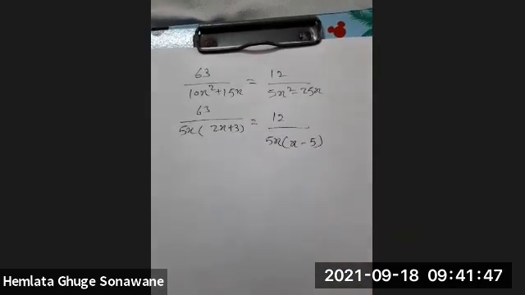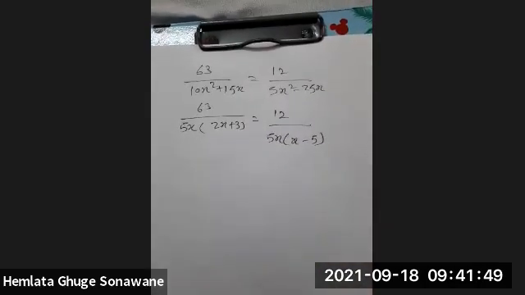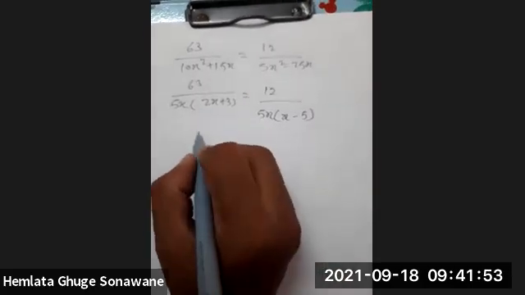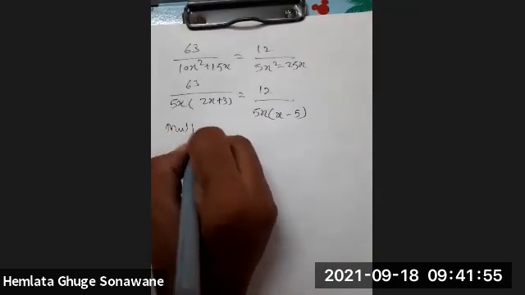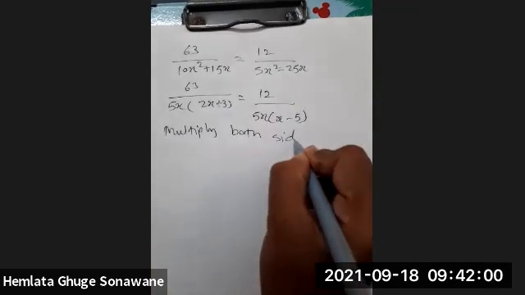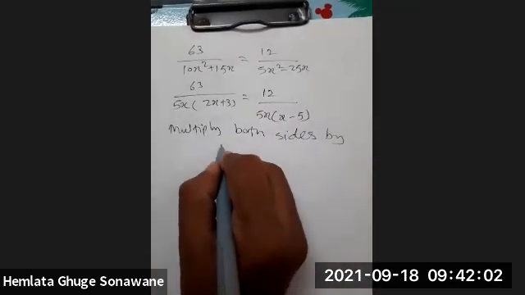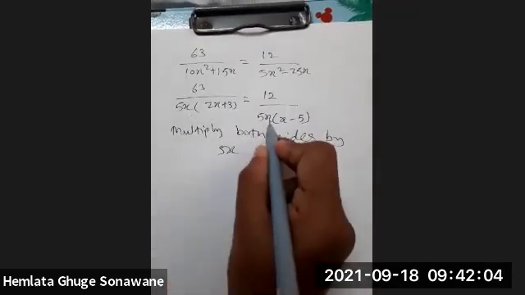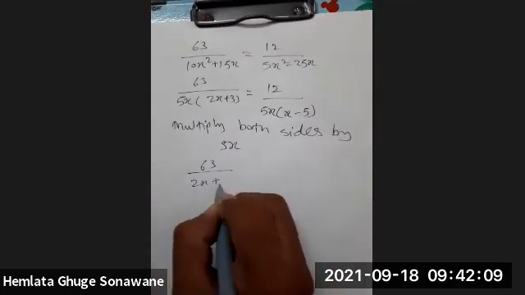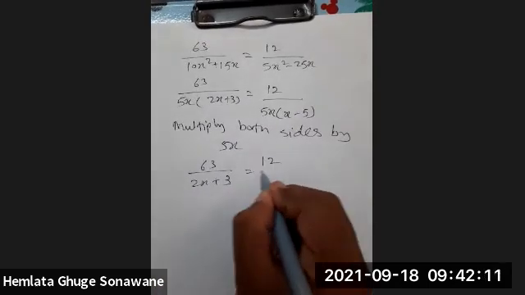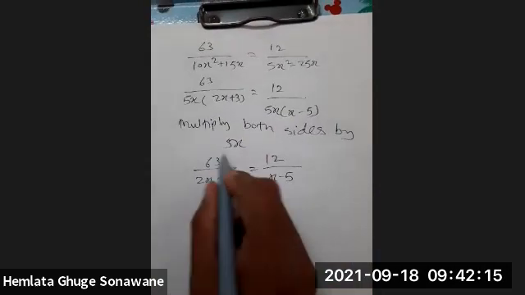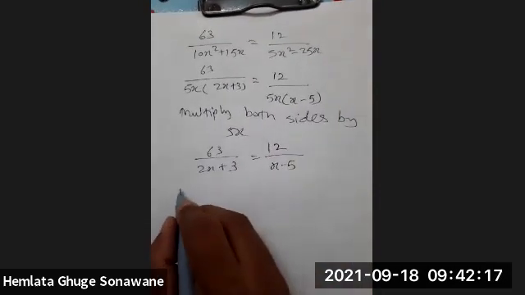Now we'll multiply both sides by 5x. So this 5x gets cancelled and we get 63 upon 2x plus 3 is equal to 12 upon x minus 5. I will do the cross multiplication.